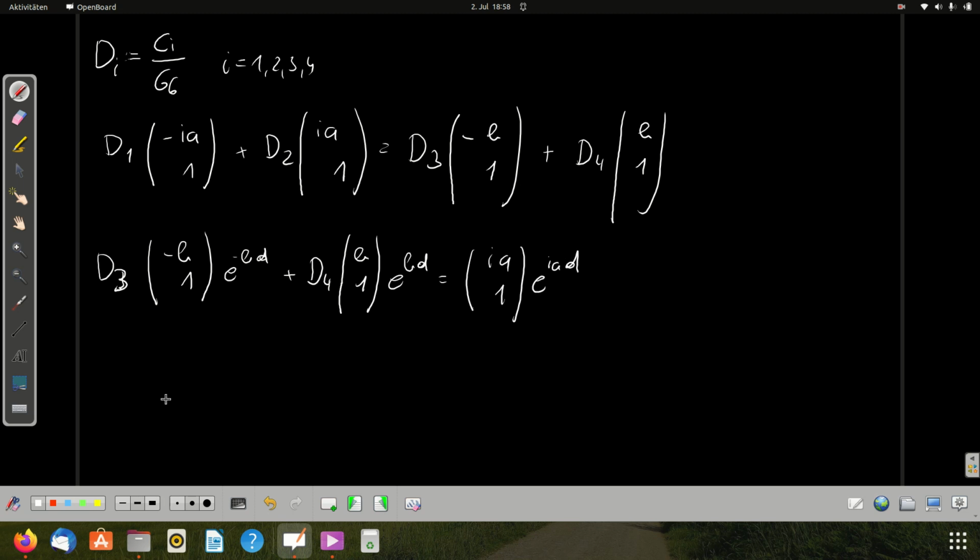And this system of vector equations now has 4 unknowns and 4 equations. And we can rewrite this in matrix vector form as follows.